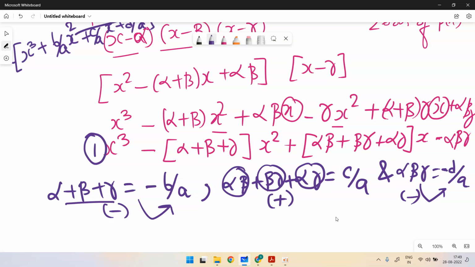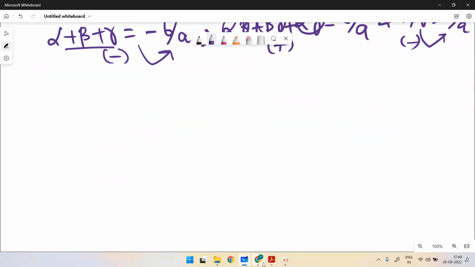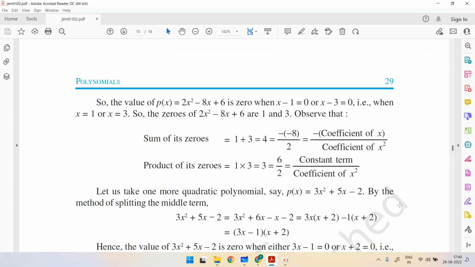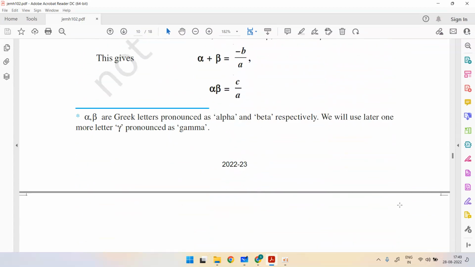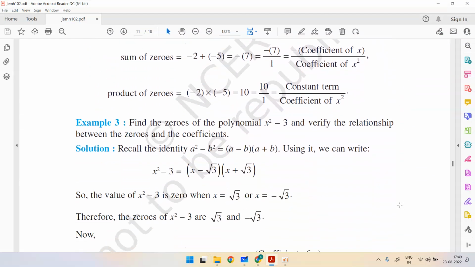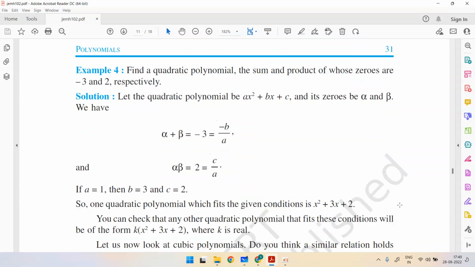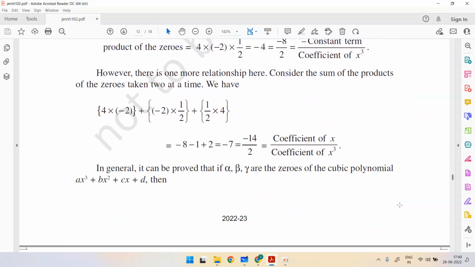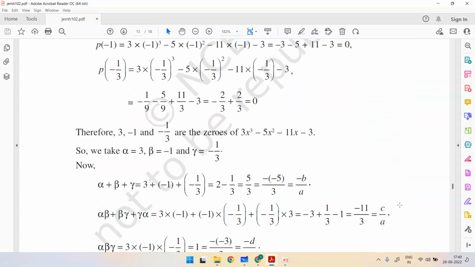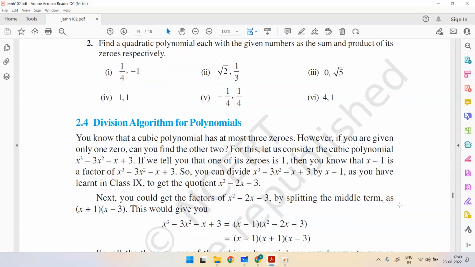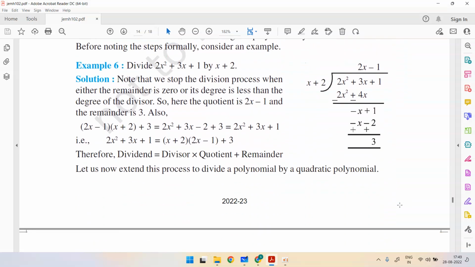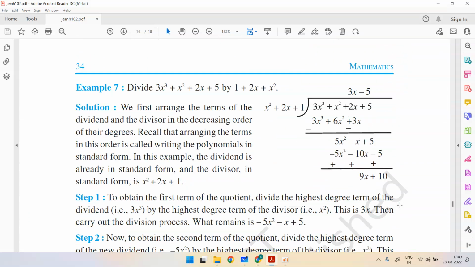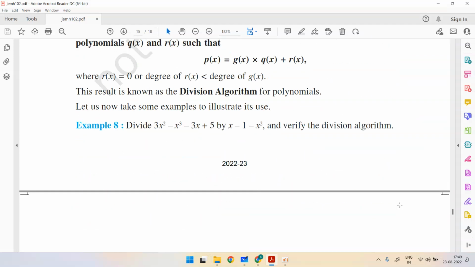Questions can be put on this. Next, the product of terms is given, and the division of polynomials I have already shown.